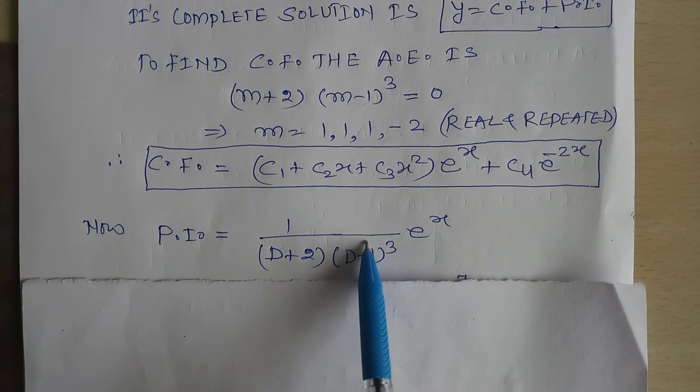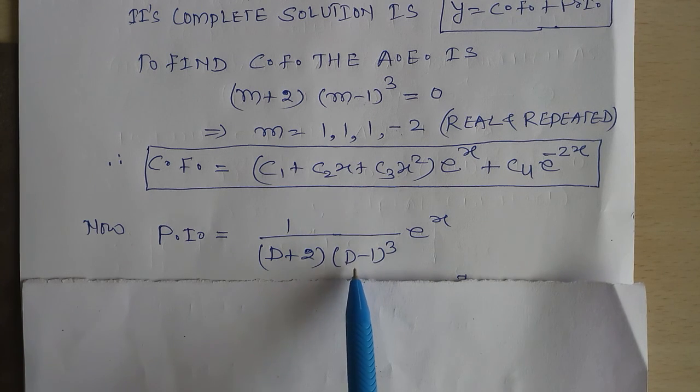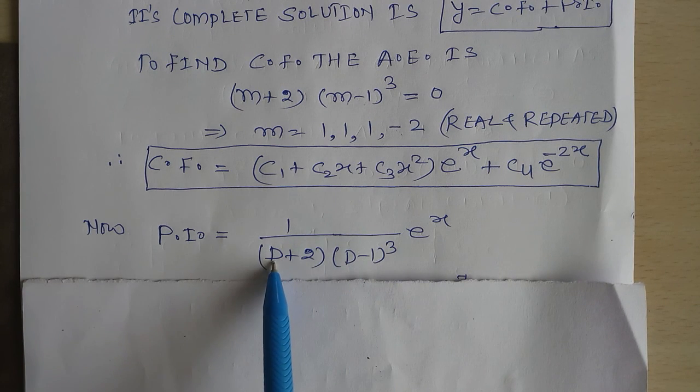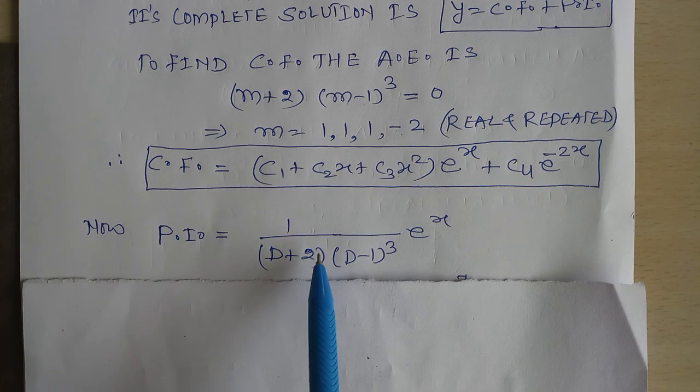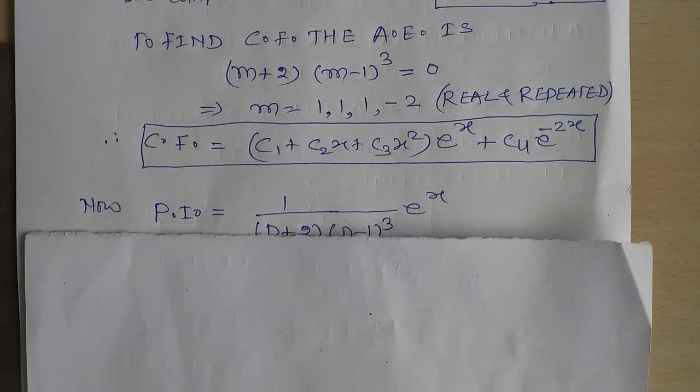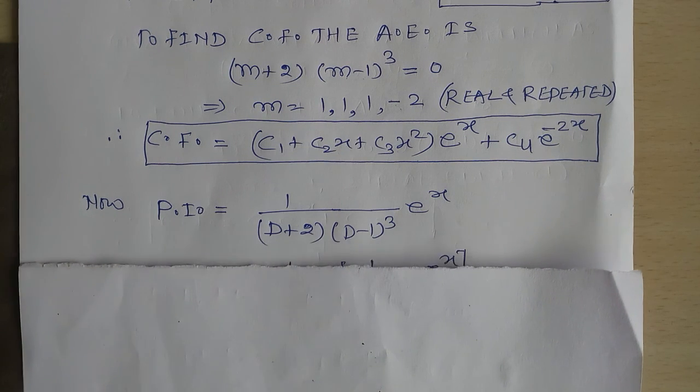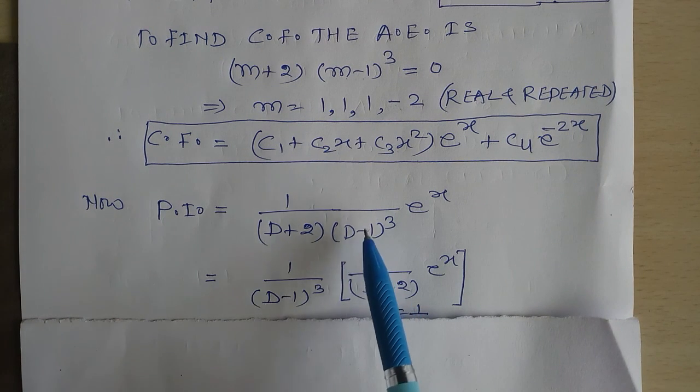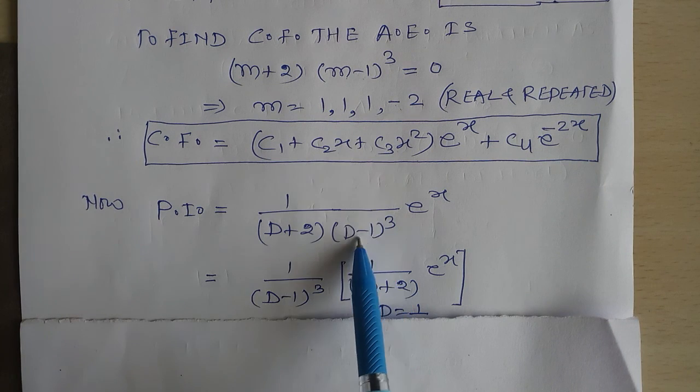The function of D becomes 0. So this factor makes the denominator 0, but this factor does not make the denominator 0. So first we solve this factor, and this other factor we solve later, because it makes the denominator 0.